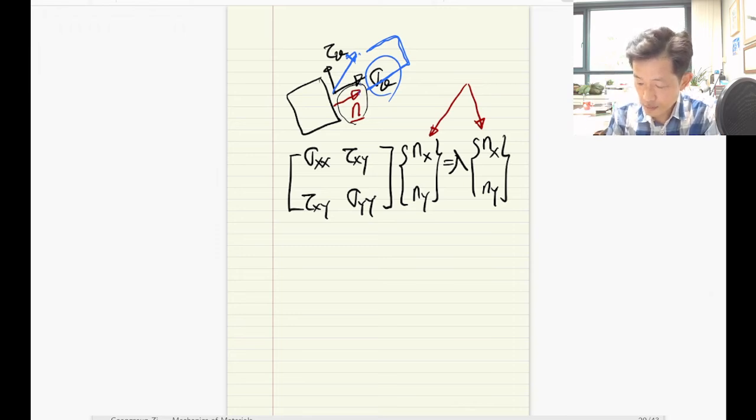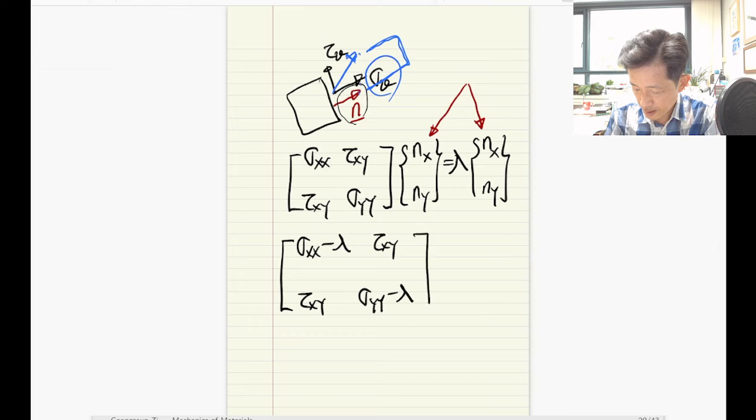So if you move the right hand side to the left hand side, we have sigma xx minus lambda, tau xy, sigma yy minus lambda, times nx and ny, equal to 0.